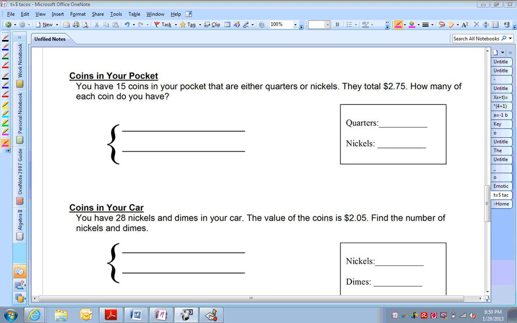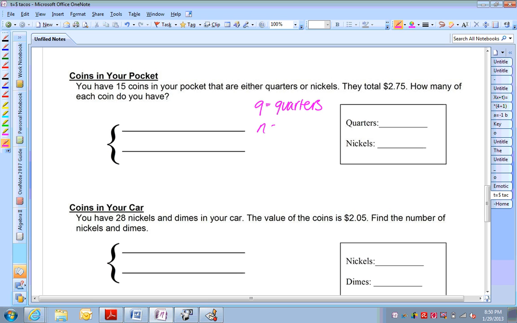In this coins in your pocket problem, you have 15 coins in your pocket that are either quarters or nickels. And the total is $2.75. How many coins of each do you have? So, I'm going to go ahead and label Q as my number of quarters.